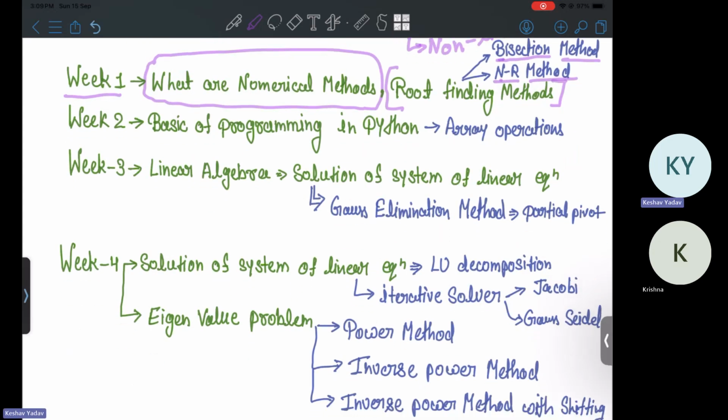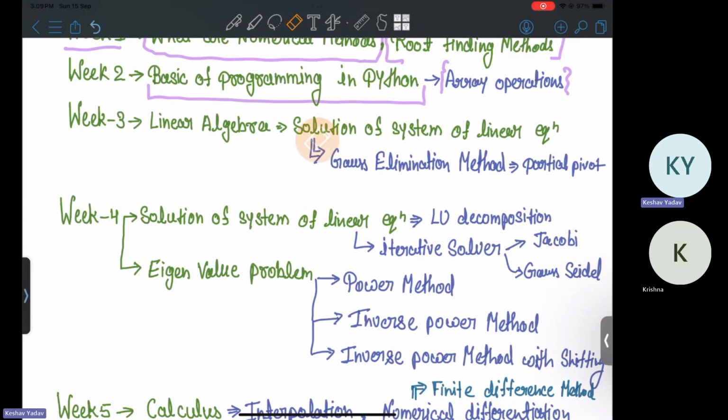Then in week 2, we discussed the basics of programming in Python. There we saw basic array operations in NumPy Python and elementary mathematical operations. In week 3, we came to the linear algebra part.